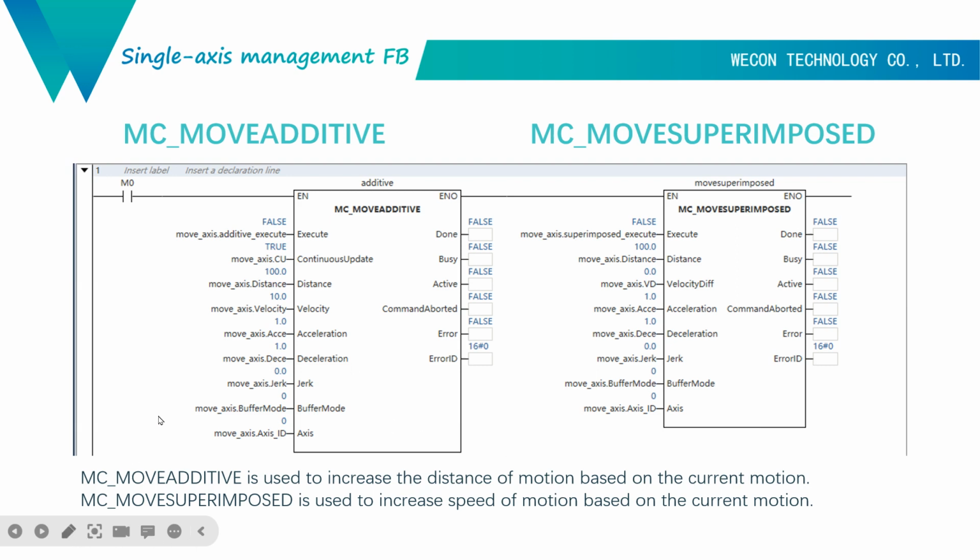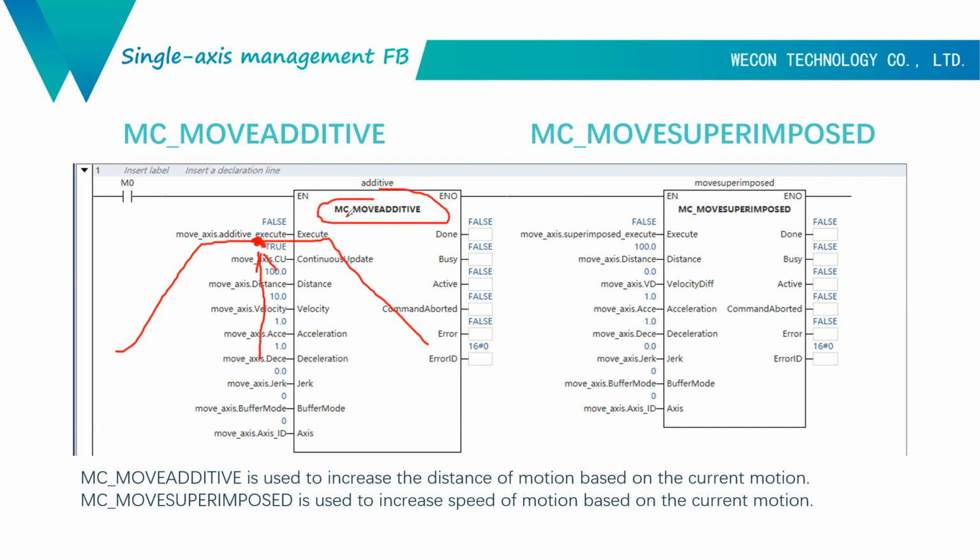For example, this is our current motion, and when the motor is in this part, at this time we execute this move additive function block, then the motion will change to the new motion.